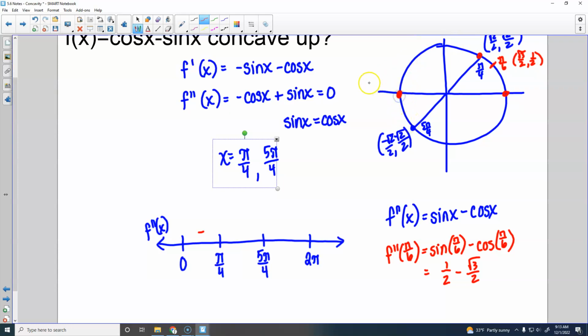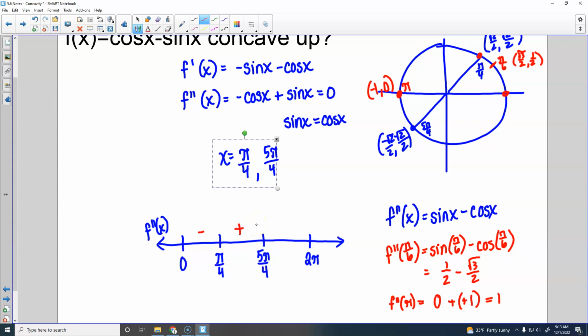I think I'll use pi. So this is negative 1, 0 right here at pi. If I do f double prime of pi, I'm going to have sine of pi, our y coordinate, which is 0, minus cosine of pi, which is negative 1. And where I have that negative, negative, it will give me a positive 1. So I'll get positive here.